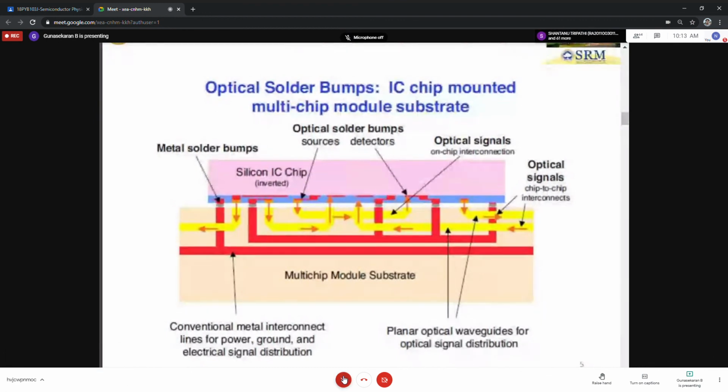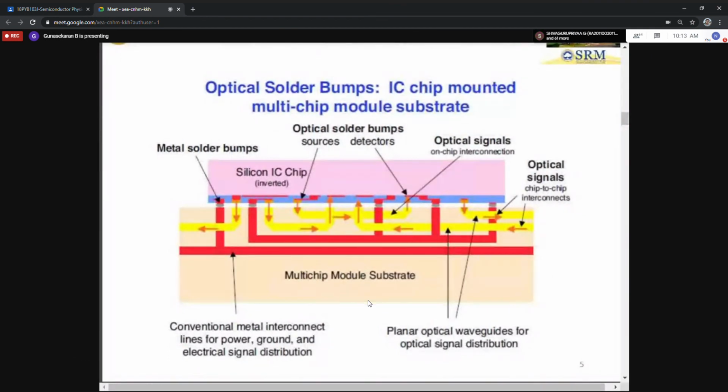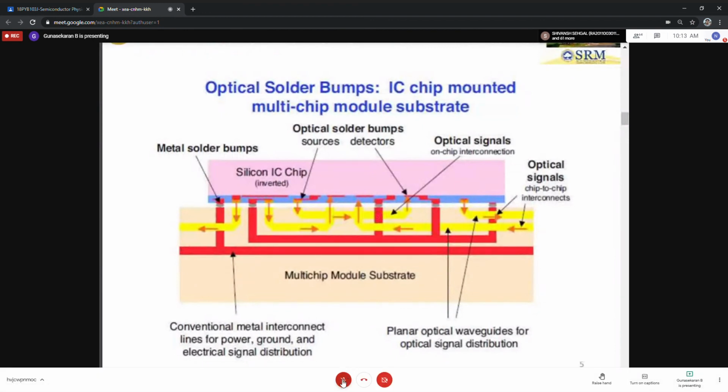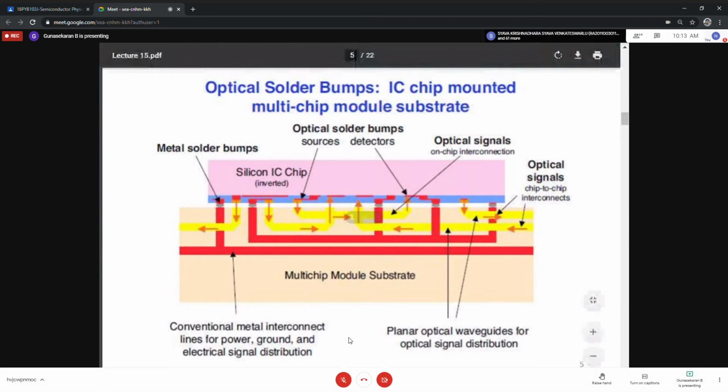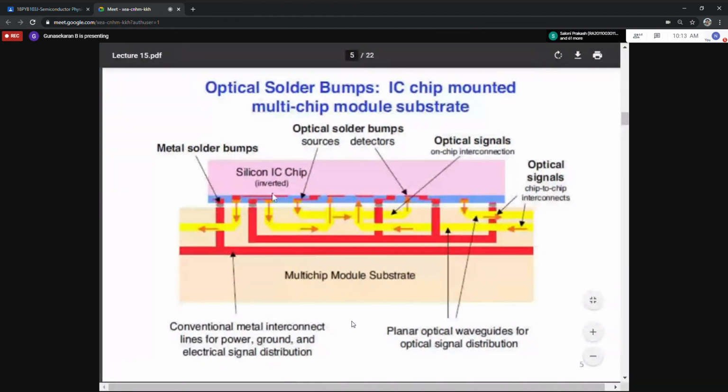See, basically you take the substrate here, and on the substrate you fabricate each and every one on the single substrate. That is a single chip: your active components, passive components, electronic components, all these things are available here. First I take the metal connection lines, power lines. Then I take the normal silicon IC, integrated chip.